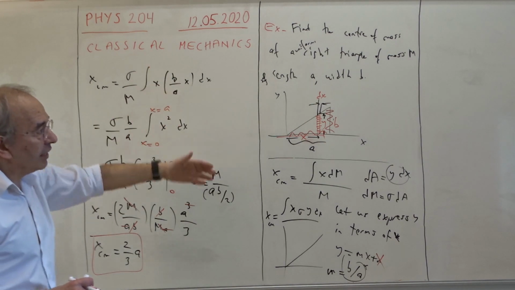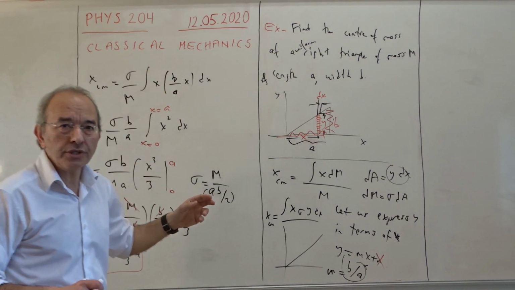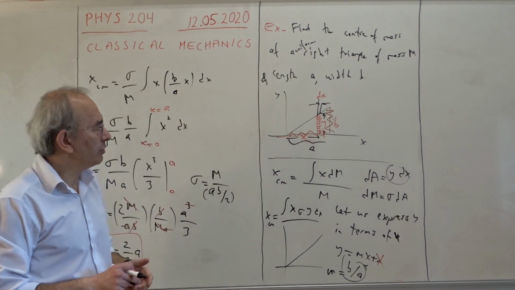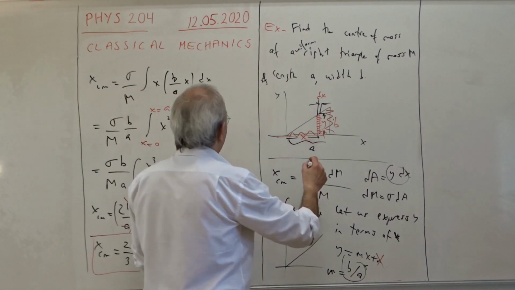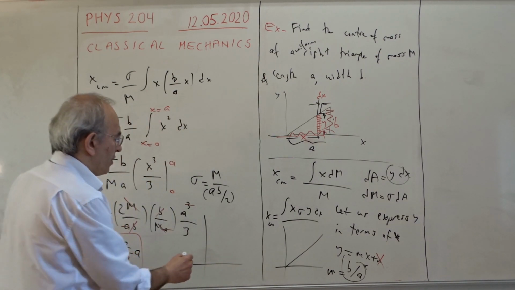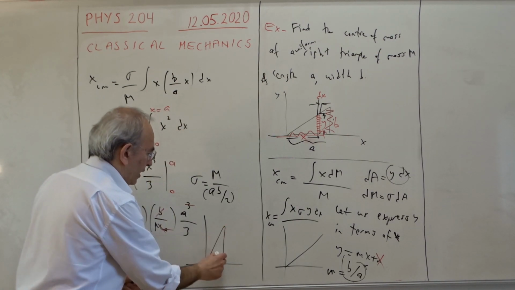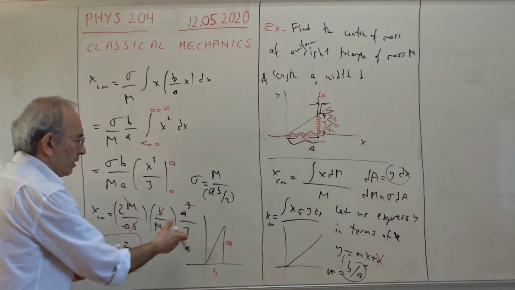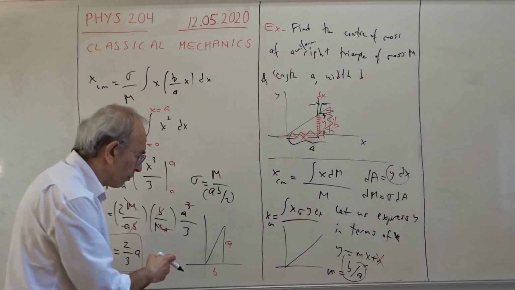What about the y center of mass? Is there any need to do it again? Because if you put it the other way, for instance, you can easily understand that. If you put it the other way, like this, so that this is the side b, that is the side a, we expect that it is 2/3 from the beginning.